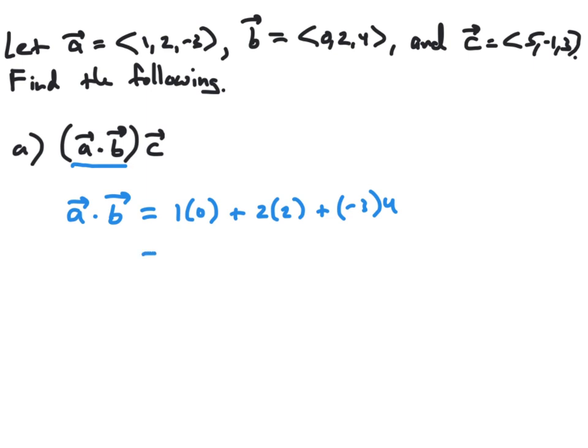And therefore, we have 0 plus 4 minus 12, which will be negative 8. So A dot B will be negative 8.